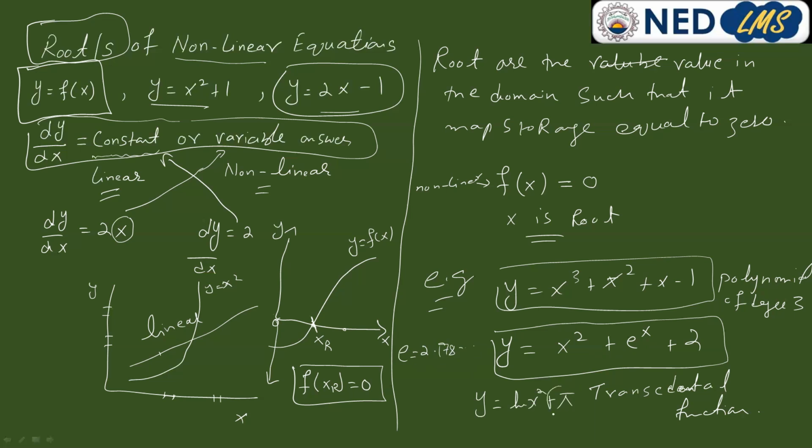Similarly, pi is involved here, and we can have a log or sine. In that case, we do not have an exact representation of our answer. So these types of equations are usually called transcendental, but for us it is just a nonlinear equation.